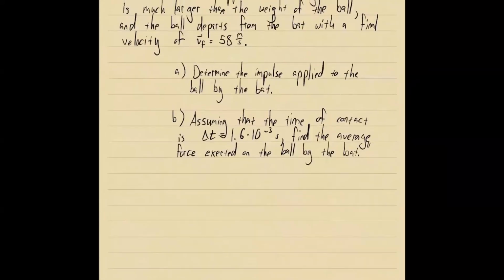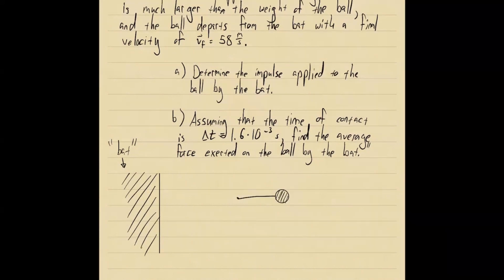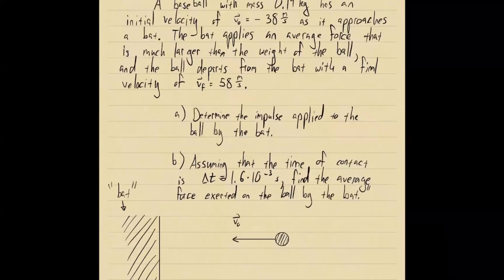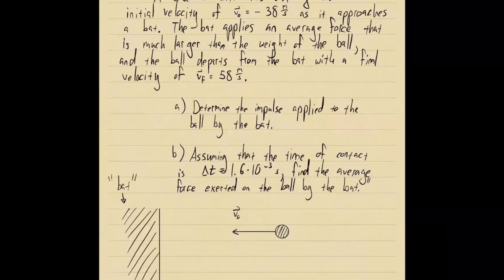So let's assume that right here on the left-hand side, we have our bat. This area over here is our bat. So the ball is initially coming in. This is our ball. It's initially coming in with some initial velocity v, and that velocity has a magnitude of 38 meters per second.